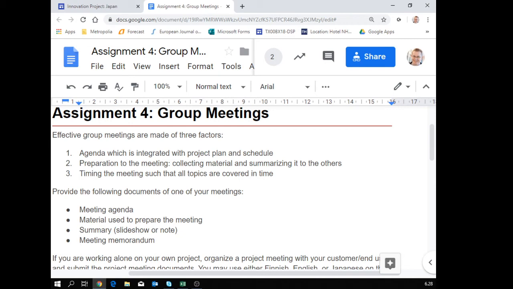When the clock is 10 o'clock, you will start the meeting. Starting 5 minutes late means that the whole day will be ruined for everyone.